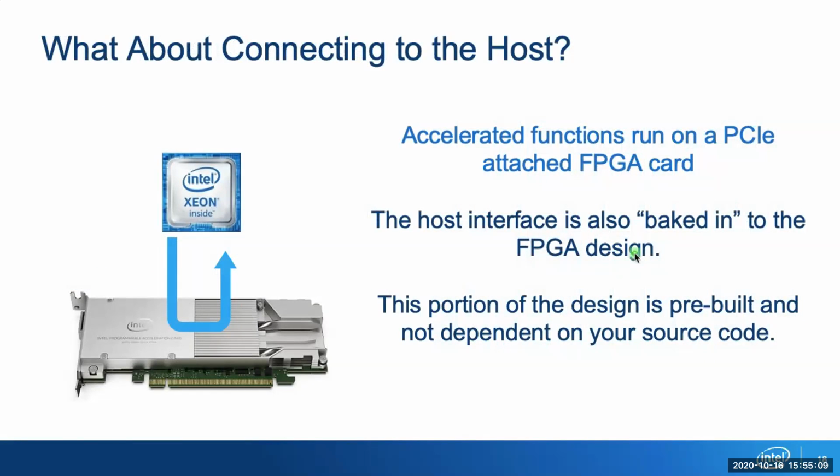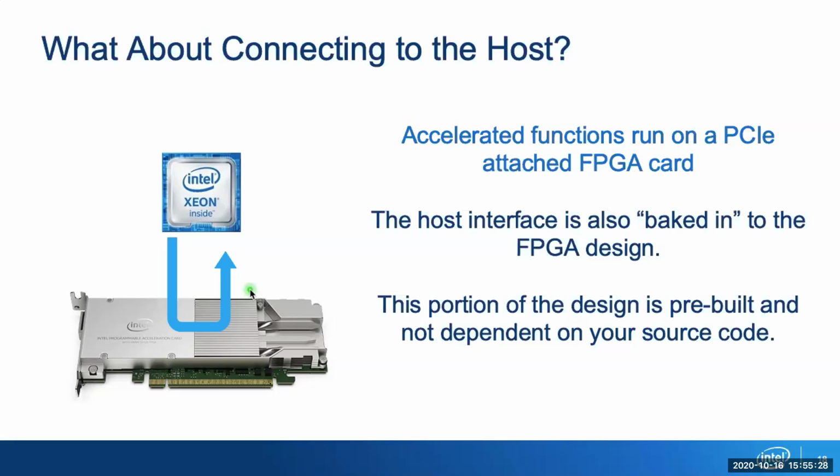FPGAs have been available since the 1980s. At first, they were used in isolation, which made it difficult to put an entire system there. More recently, they have come to be used as accelerators.